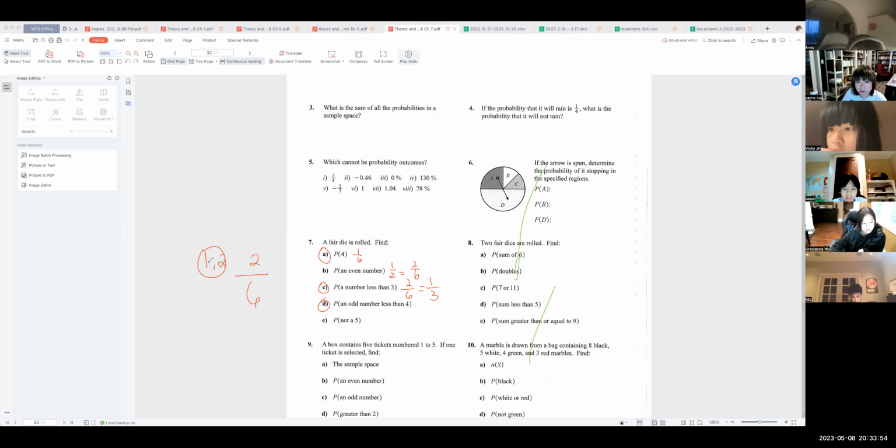Okay, let's see. An odd number less than 4 is only 1 and 3, right? So 1 and 3, so it's still 2 over 6, 1 over 3. Okay, what is the probability of not a 5? Okay, everybody, take a look. Vicky, what are you doing? Not a 5.